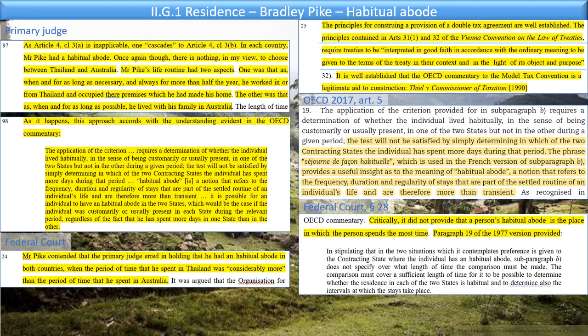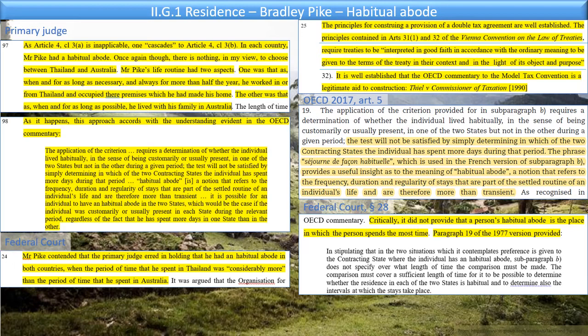And then an example follows, and what is very clear from the example and from the text here is that you cannot only look at the period during which there was dual residence. Sometimes you must look at more than that period, right? The example they give is: imagine somebody habitually lives in one country for many years, and then he takes up employment for, I think, 190 days in another country, and he stays in that country while working there.